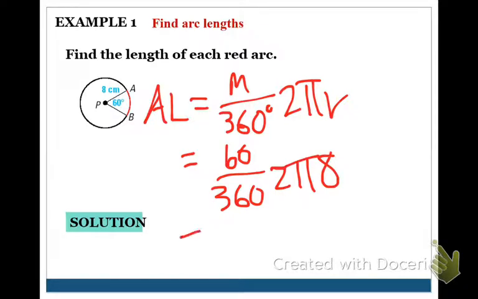So that's going to be 60 over 360 is 1/6 times 16 pi. Multiply it all out. You should get your answer.